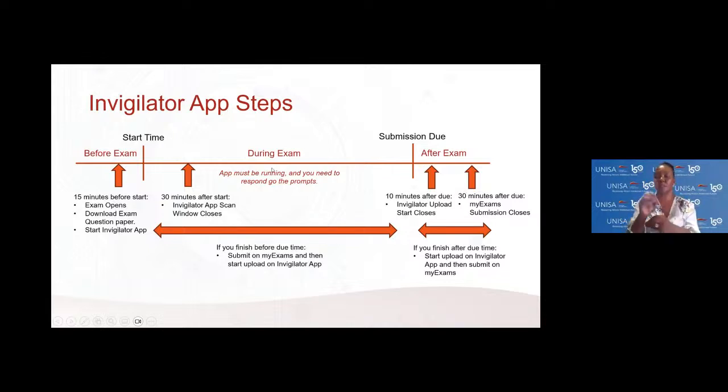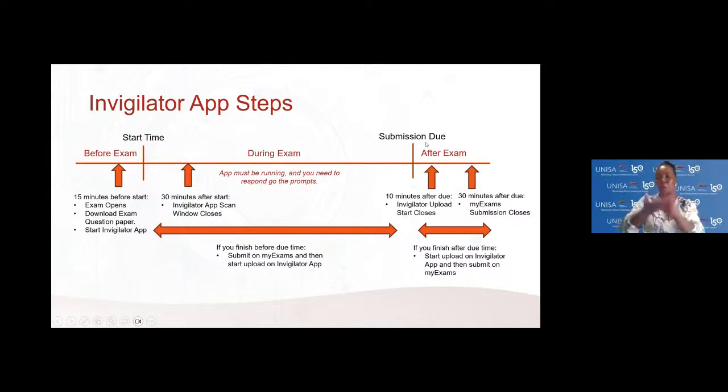But say you finish here at 11, you're a quick writer, you are done. What I suggest in that instance is to first upload to myExams, because that is the most important one, the one that will be graded. And then in the app you say afterwards that you've submitted, okay, I'm done. It will ask you for the final prompts and scanning the document in the app, and then you upload in the app.